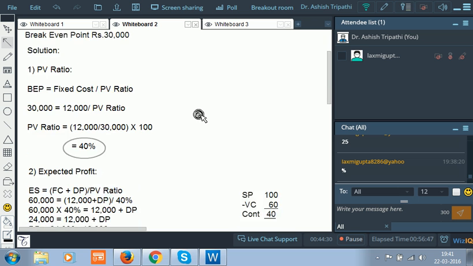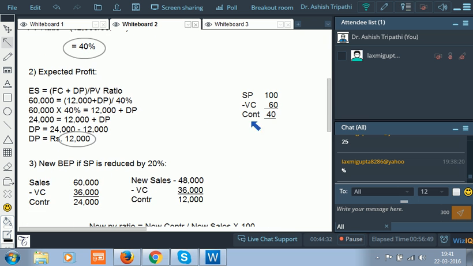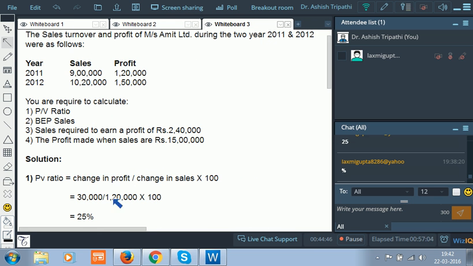See, this was the example I explained to you. Here contribution was 40, that means 40%, so variable cost was 60%. If contribution is 40, variable cost will be 60. So in this case, PV ratio is nothing but contribution, 25%.